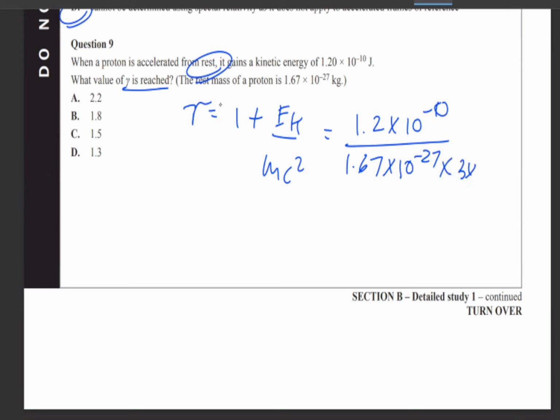Speed of light 3 times 10 to the power of 8, and we square this. Let me just check. Approximately 1.8.